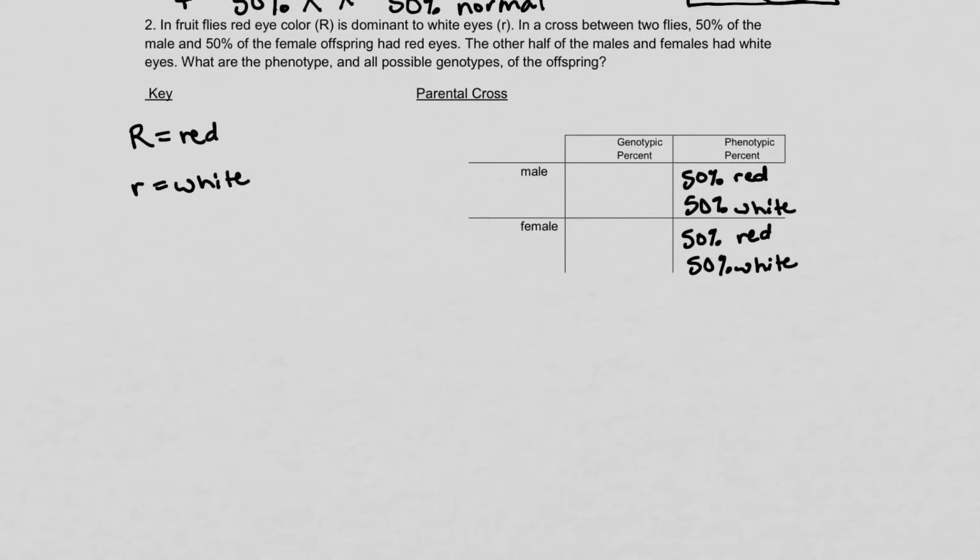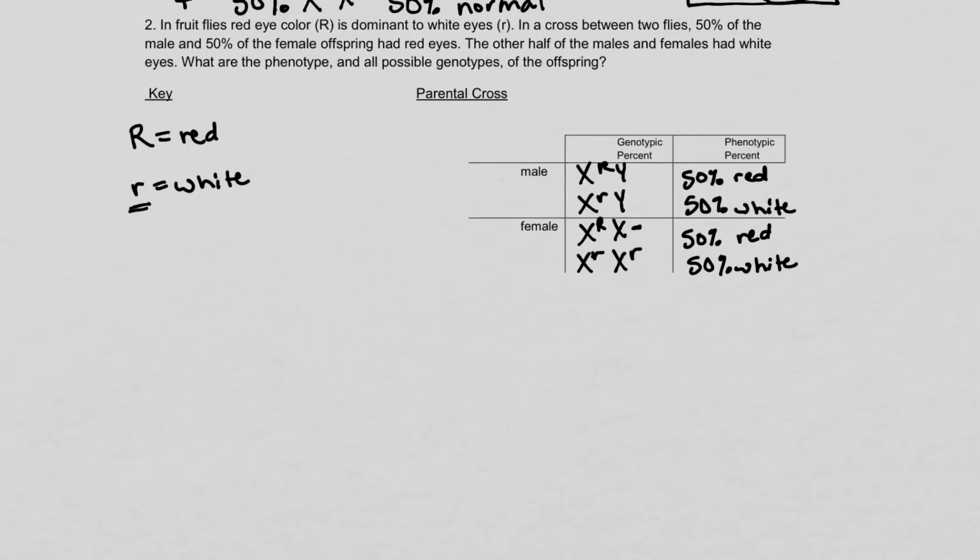And we know that in order to have white, the females would have had to have been this, and the male like this. In order for it to be red, the male would have to be like this, and the female, we can leave this one open for right now, because for the female to have red eyes, it could be heterozygous or homozygous dominant.